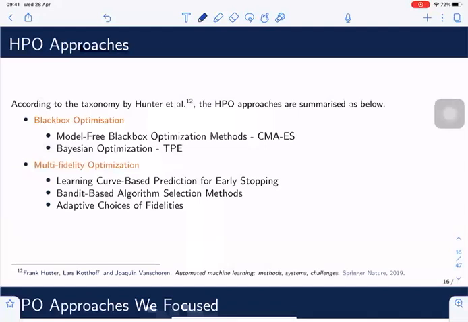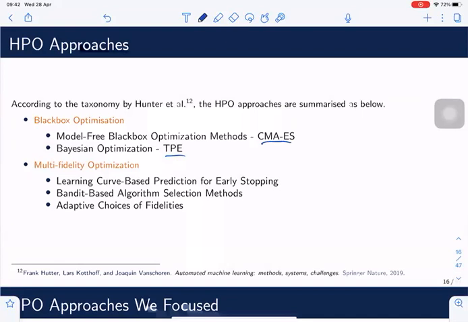According to the taxonomy by Hutter, the HPO approaches can be classified into black box optimization and multi-fidelity optimization. CMA-ES and TPE are two state-of-the-art approaches in HPO problems.